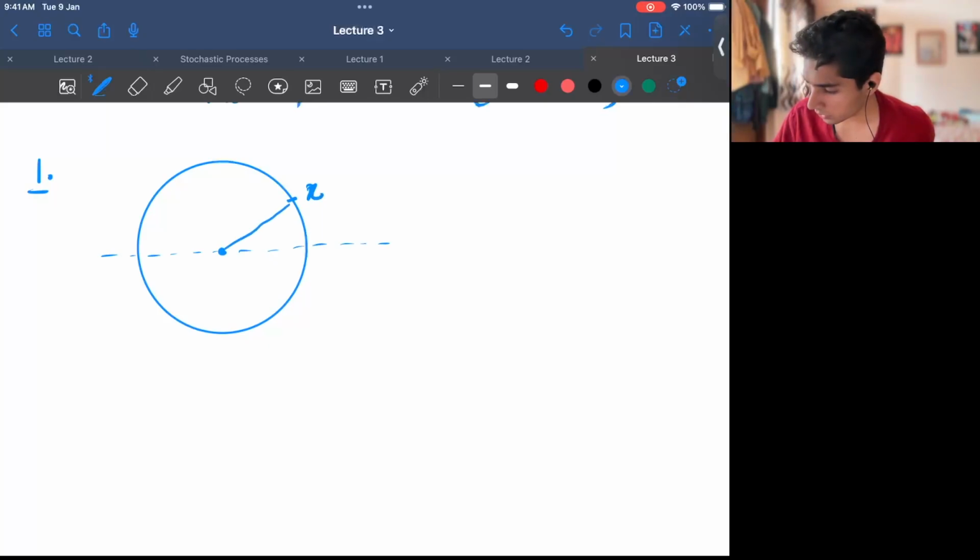This point makes some angle with this line, right? Let me call this point A, and this angle x. So maybe this angle is my random variable x. Since you are choosing a point at random on the circumference of the circle, the angle that it will make with the x-axis will also be a random variable, and that random variable is being called x, right?